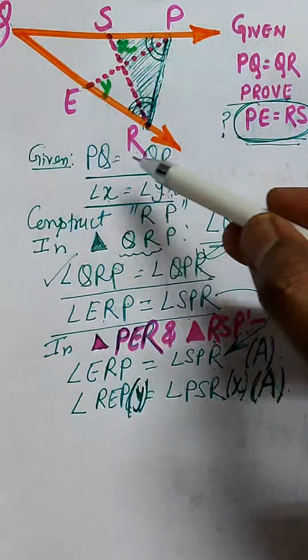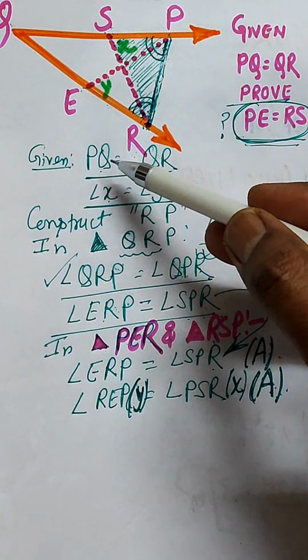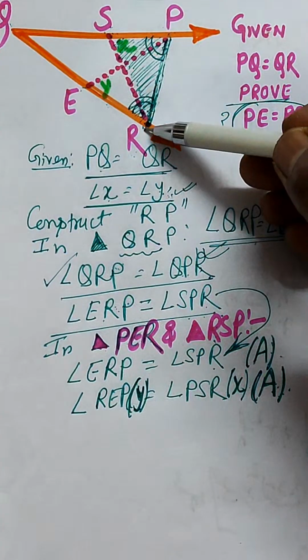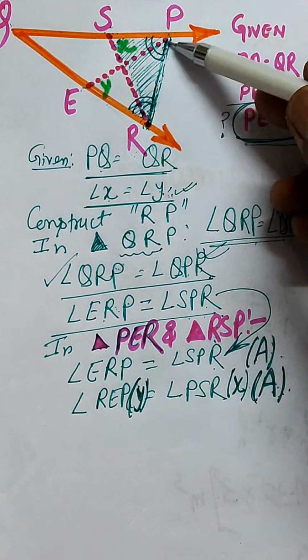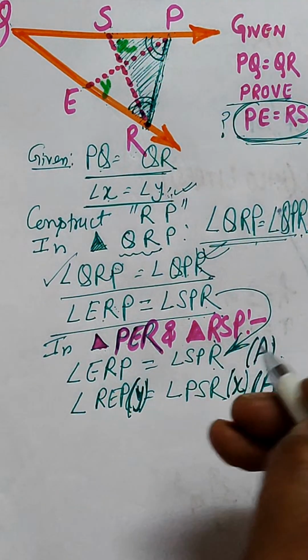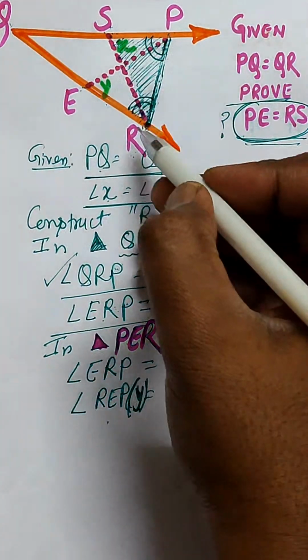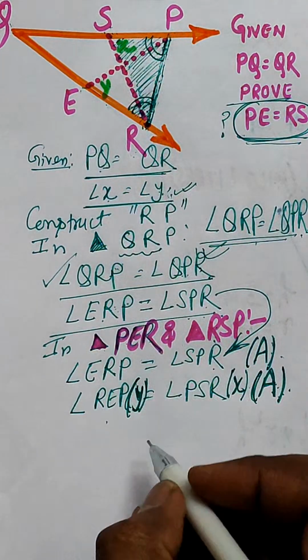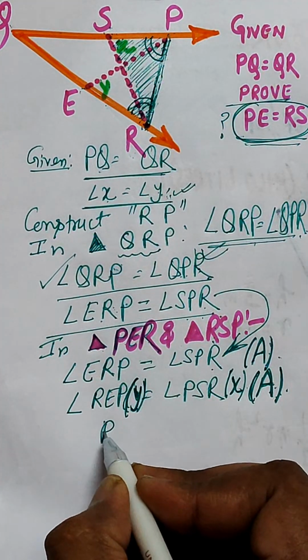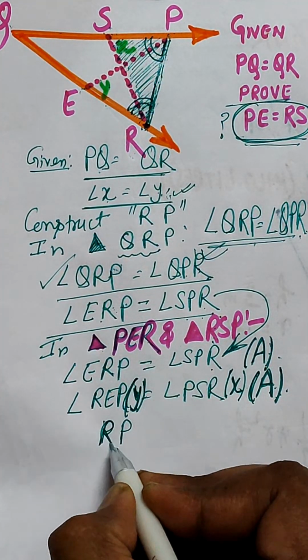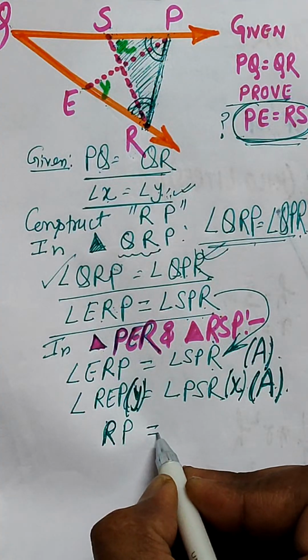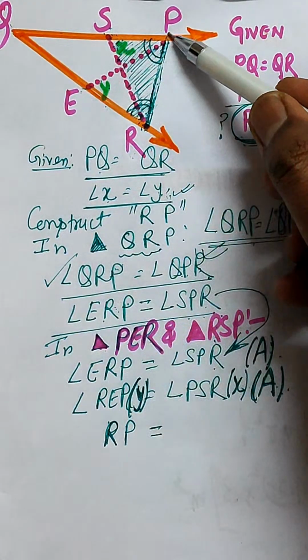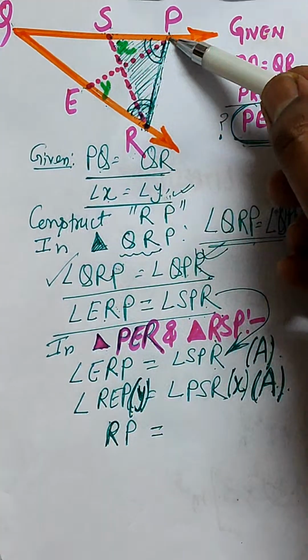And it's also given that since we did a construction of R to P, this one, then we can write in triangle REP, here RP is equal to, in triangle RSP, it's PR.